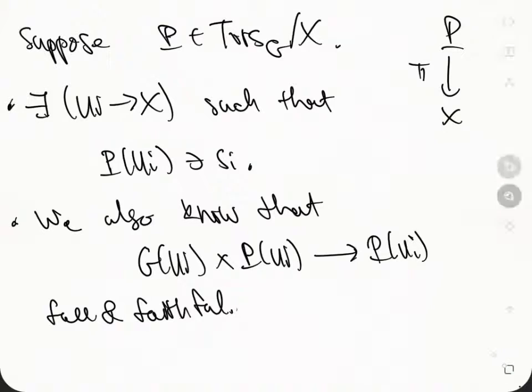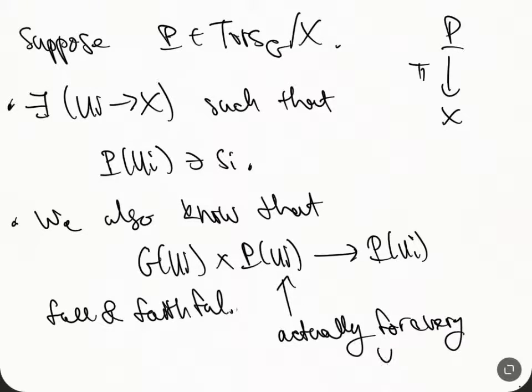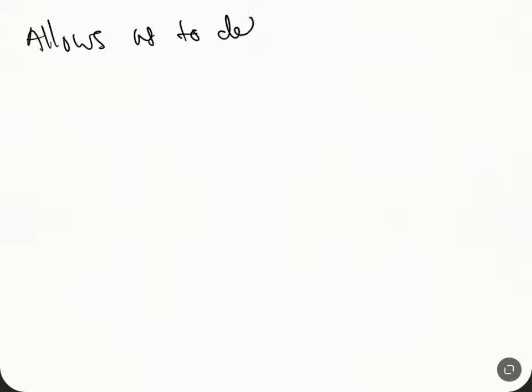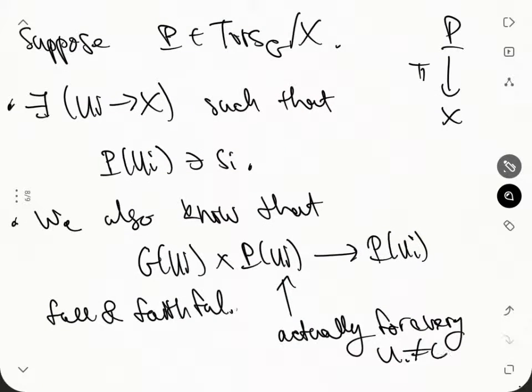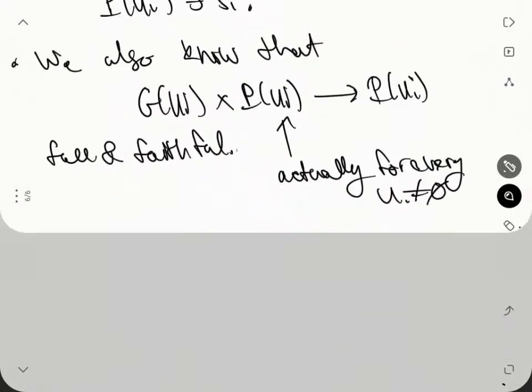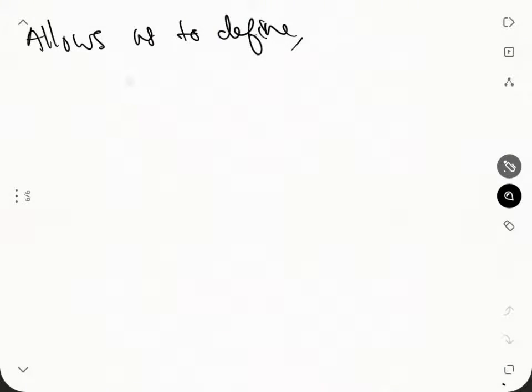Okay, and so this is actually for every U that's not empty. And what this allows us to define is this: I'm going to take P of UI, and I'm going to map it to G of UI, like so. And this thing here is P restricted to UI.